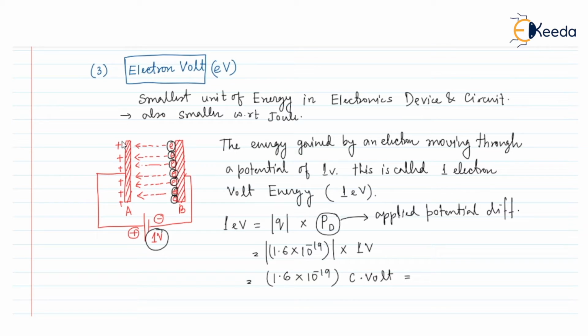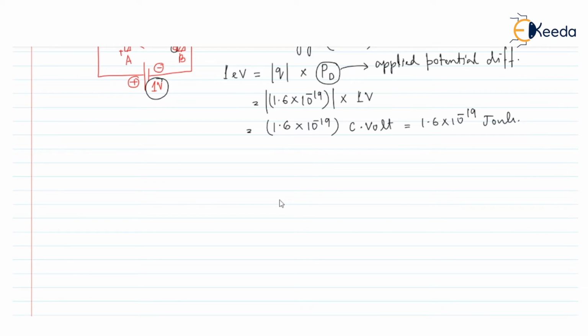This coulomb volt unit is nothing but 1.6 into 10 to the power minus 19 joule. So 1 electron volt energy is equal to 1.6 into 10 to the power minus 19 joule. And this is a very important relationship between the 1 electron volt energy and joule. So we can convert the electron volt energy to joule and joule to electron volt.